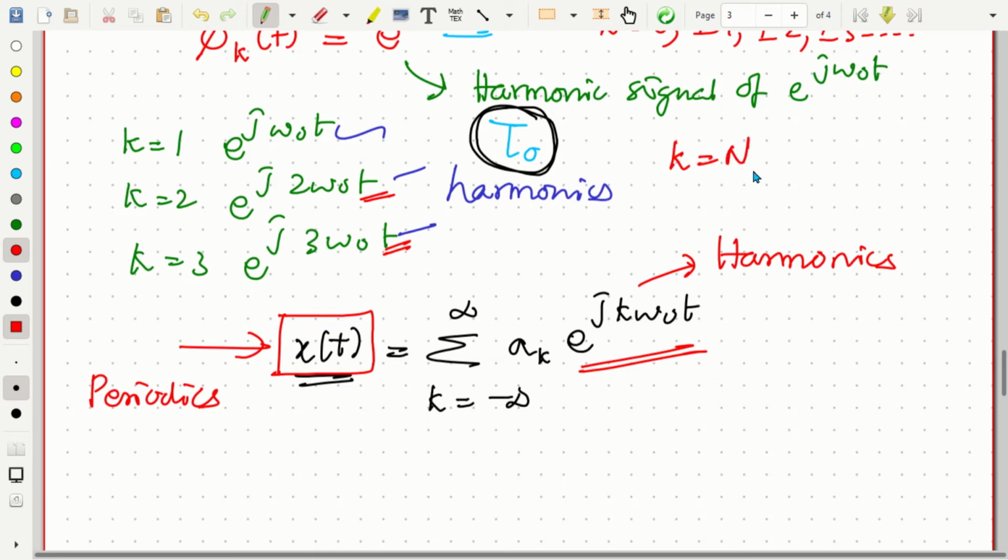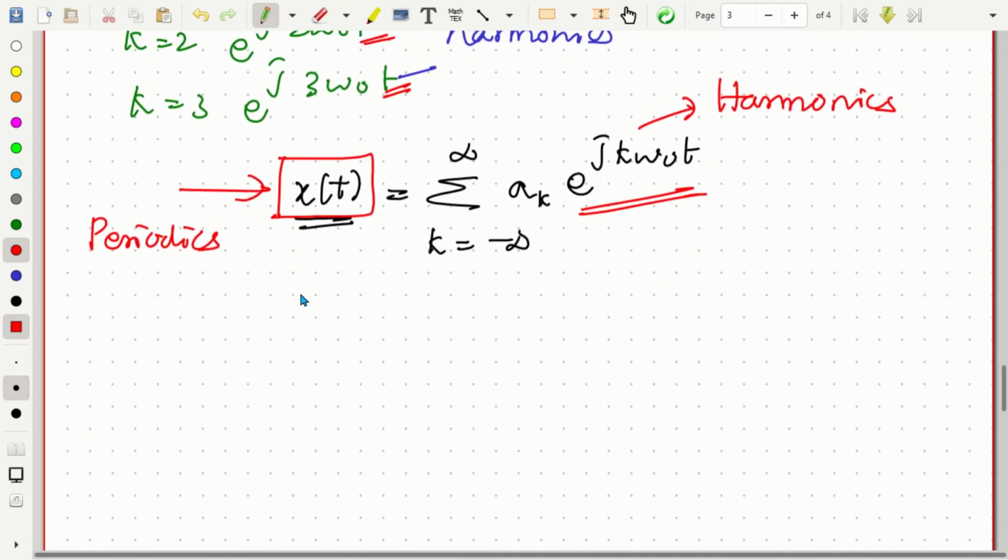By adding all such harmonics, we can create a signal x of t. That is the continuous time Fourier series of the signal x of t.